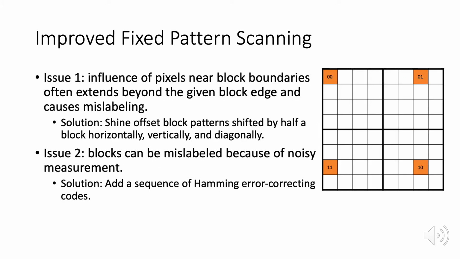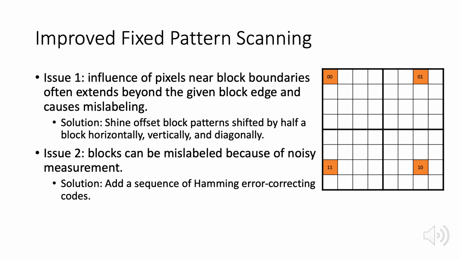Nevertheless, there still exist some issues. For issue 1, the influence of pixels near the boundary may exceed the edge of the block, which causes mislabeling. To alleviate it, they shine blocks with an offset. For example, let's look at the figure here. We won't light up the left top corner pixel of the second block, but instead we light up the pixel far off the boundary.